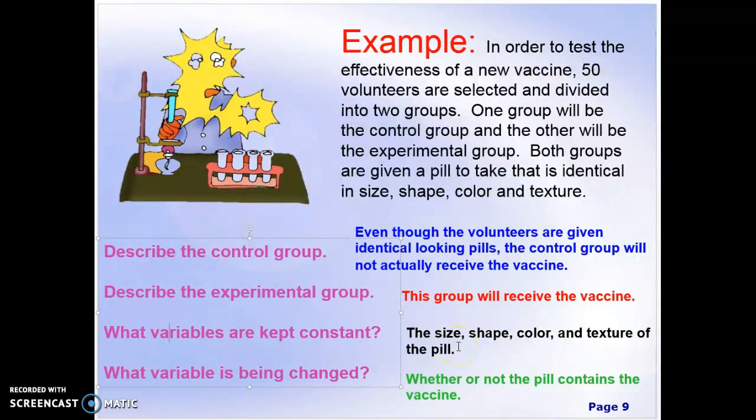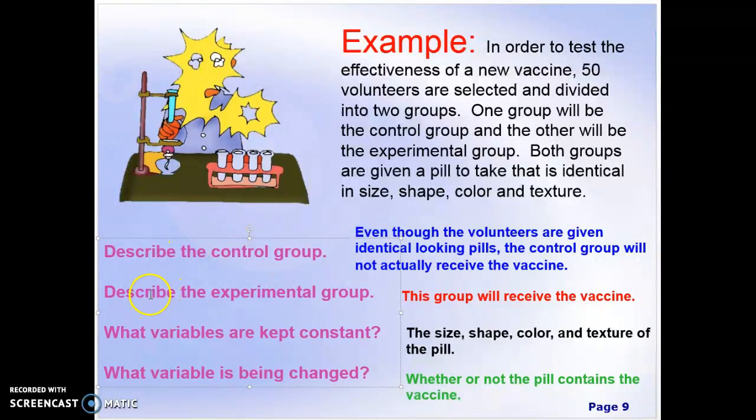The only thing missing is that one group will have a placebo, a sugar pill, as a lot of pharmaceutical companies do, and the other group will have the vaccine or the medicine. They don't want anybody to know which group has which because they fear that might throw off the results. They give both groups the exact same thing and then test the results. So the control group in that experiment would be the group that did not receive the vaccine, and the experimental group is the one that did receive the vaccine.